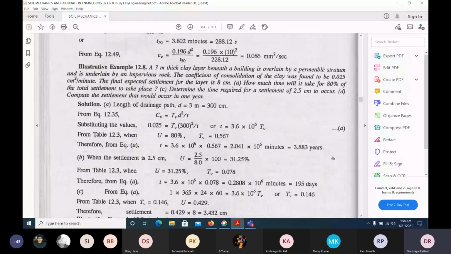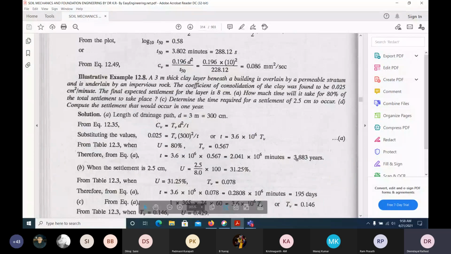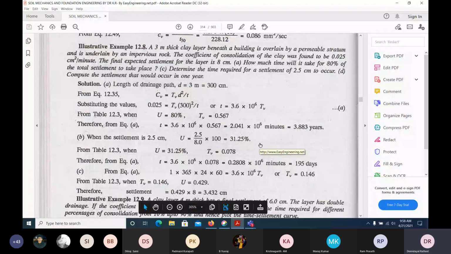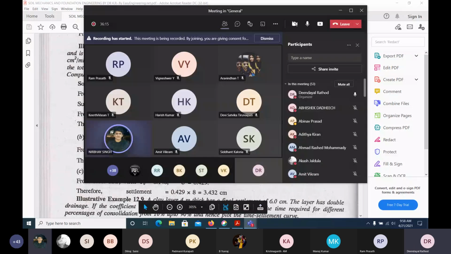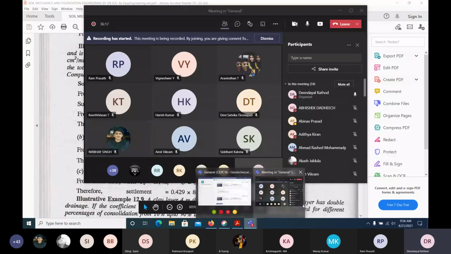Now, how would the problem be in the exam or a general problem? Let us take this problem. Is it visible? So you will understand which equation we use. Is it visible, right? Yes, sir. Okay, so it is simple only.